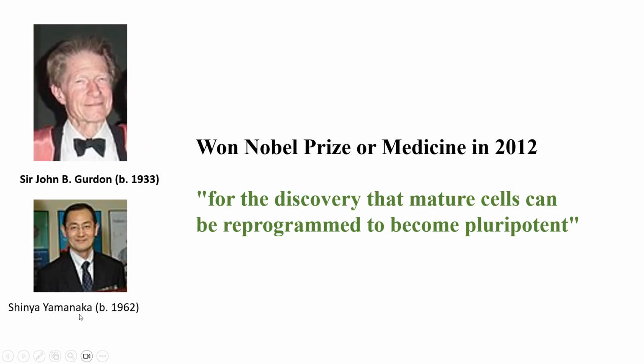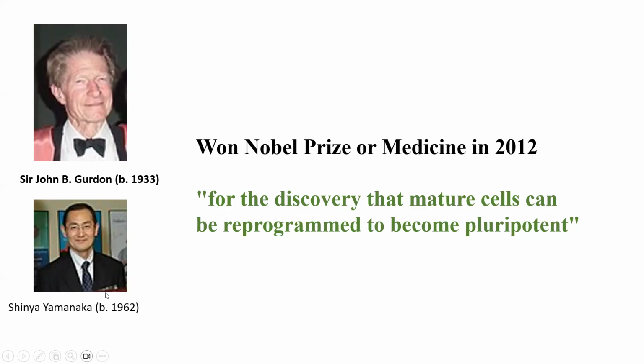Later, Shinya Yamanaka, just 50 years later, was successful in developing mature cells as pluripotent. He found that several genes are involved in blocking cells from differentiating into other cells. If you remove that gene, then you can make them pluripotent.